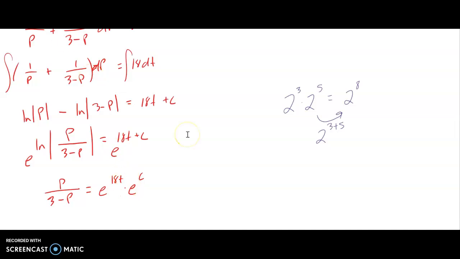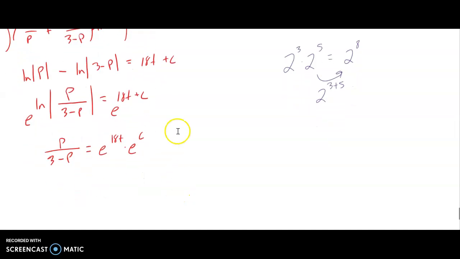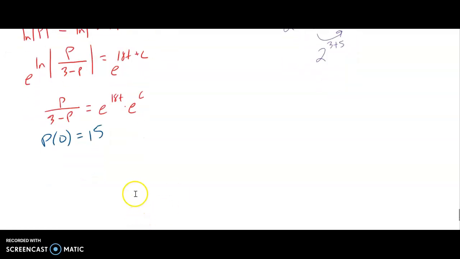So from here, I'm going to switch over to blue. I'm going to use my p of 0 is equal to 15. Typically, I think that this is the best spot to solve for your c value, or in this case, your e to the c with this one. So when I do that, I get 15 in the top over 3 minus 15 is equal to e to the, we end up getting 18 times 0, so that's 0, times e to the c.